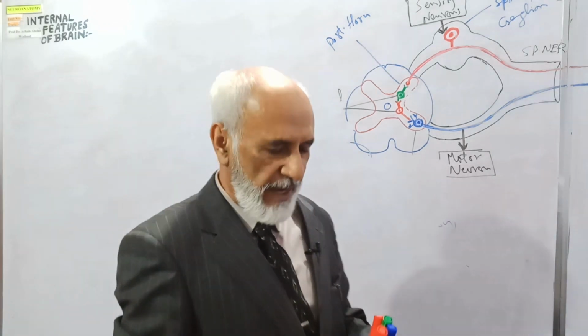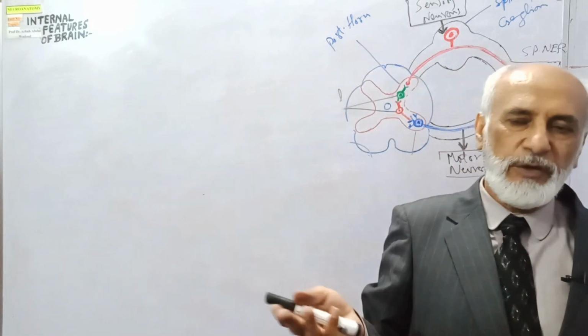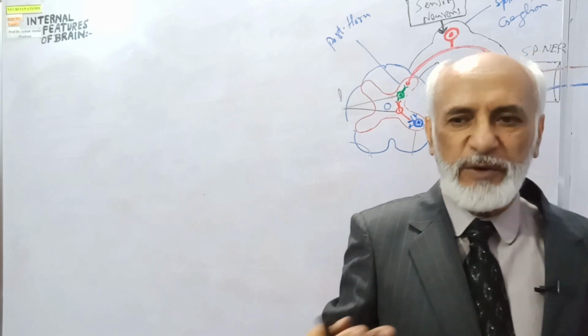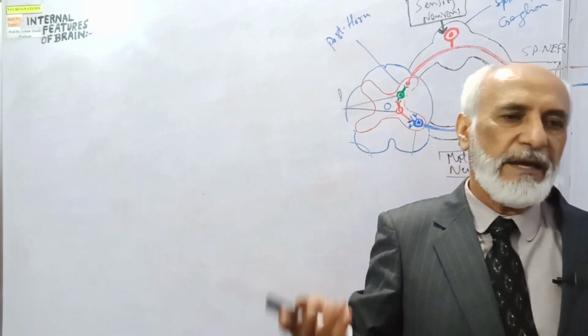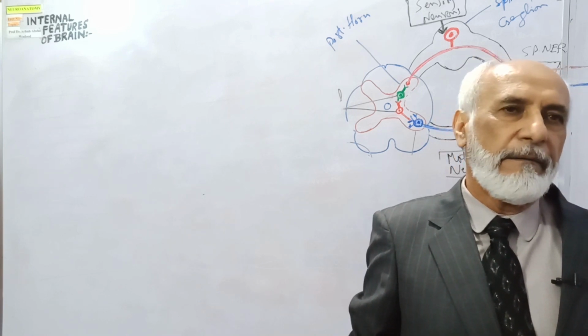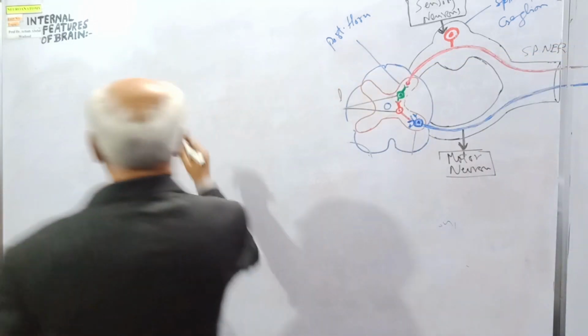Now I told you that the neurons are cells having cytoplasm, nucleus. Most of these cell organelles are there, and even some special organelles like Nissl substance and neurofilaments are present. But the mature neurons do not have centrioles.